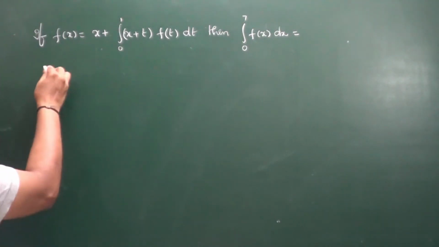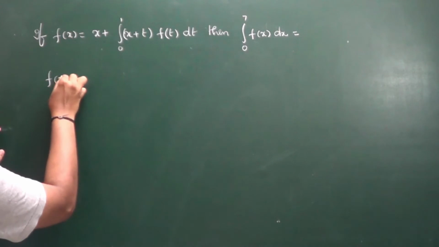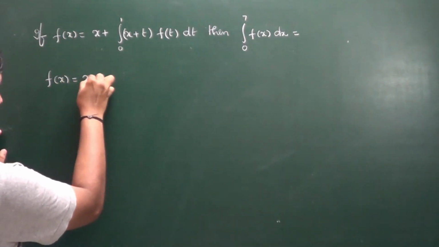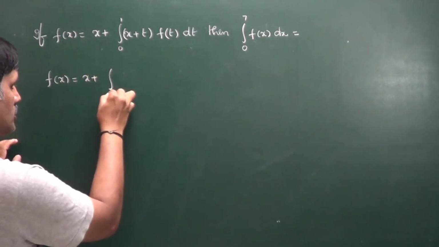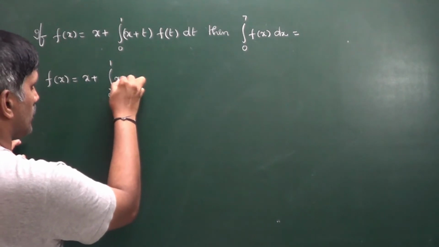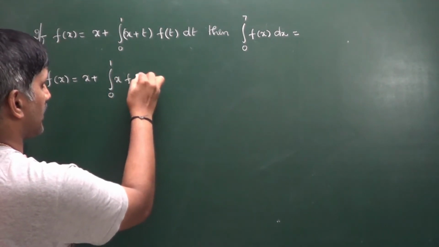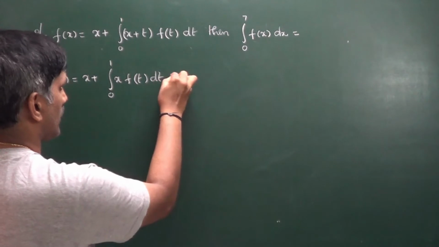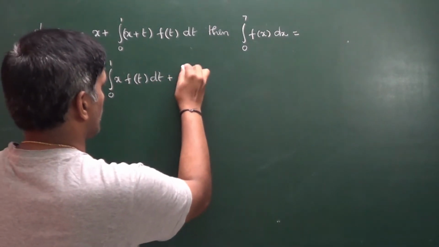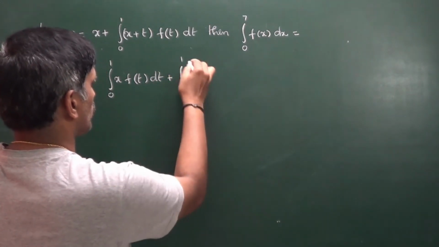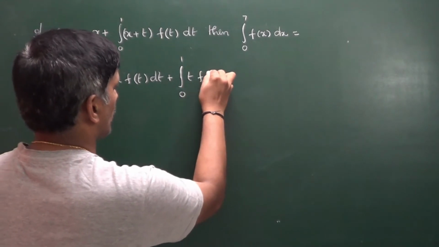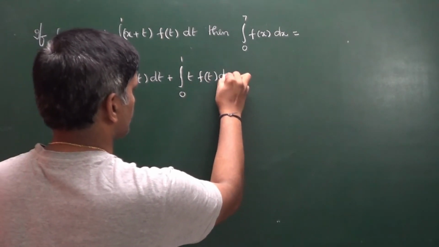Observe here, I am finding f of x is equal to x plus the integral from 0 to 1 of x times f of t dt, plus the integral from 0 to 1 of t times f of t dt.